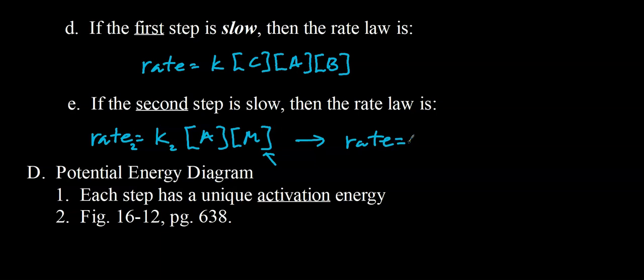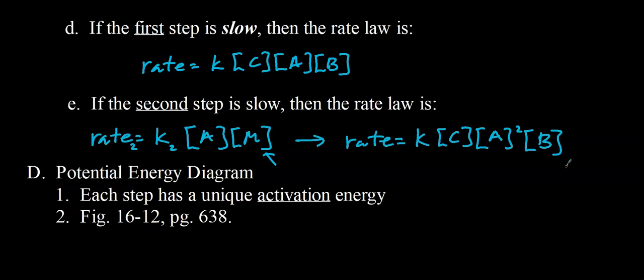So let's plug in C, A, and B for M. And so what we end up with then is rate equals k times concentration of C times concentration of A times A. Remember, we have this A here. And if we substitute for M, we have another A. So that's going to be A squared times concentration of B.